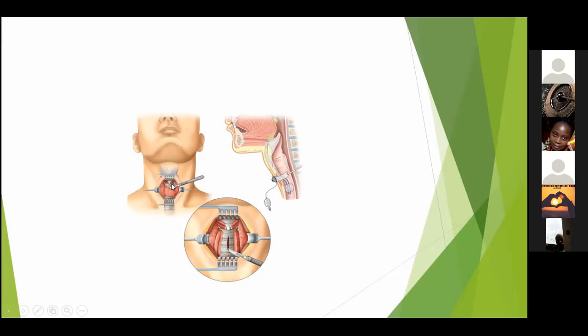So if they're taking baths, they have to be in an upright position. It shouldn't be that they're on a bed and you're pouring water on them. The chances are that it can get into the tracheostomy and they drown. So those are things that you need to look out for.